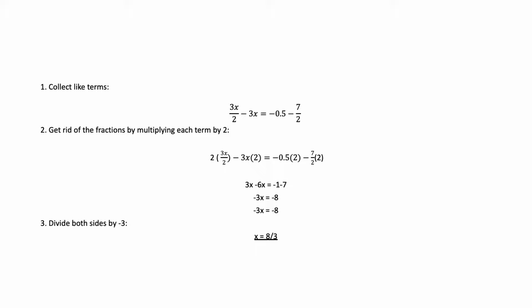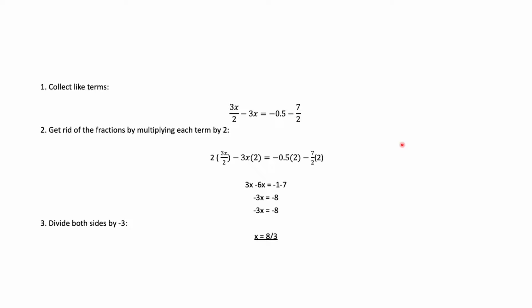So we shall have 3x over 2 minus 3x. The 3x comes to the left hand side, equals negative 0.5, which remains on the right hand side, minus 7 over 2. 7 over 2 goes to the right hand side because it was positive on the left hand side. When it crosses the equal sign, it becomes negative. That's why we have a negative here.